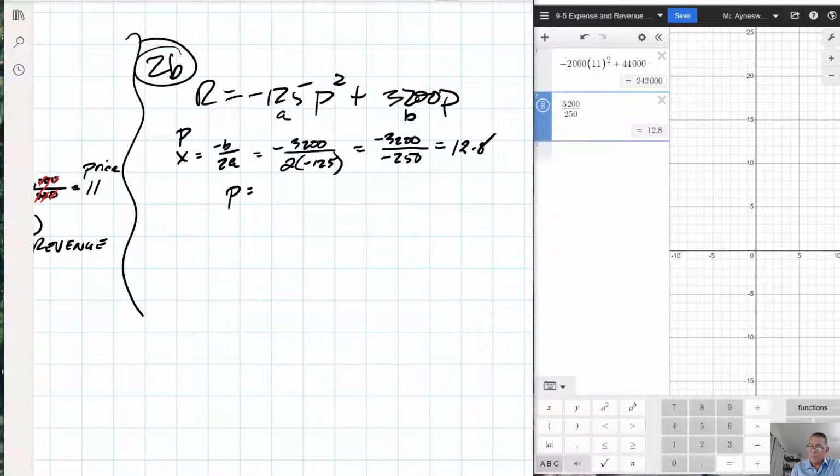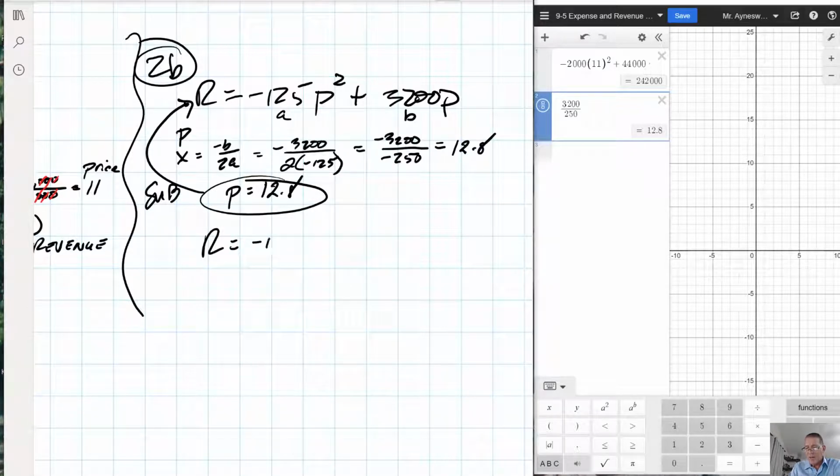And then I got to take this and substitute it in. So what's the revenue now? So negative 125 times 12.8 squared plus 3,200 times 12.8. Well, R stands for revenue, right? So what is that revenue? You type exactly what you see.